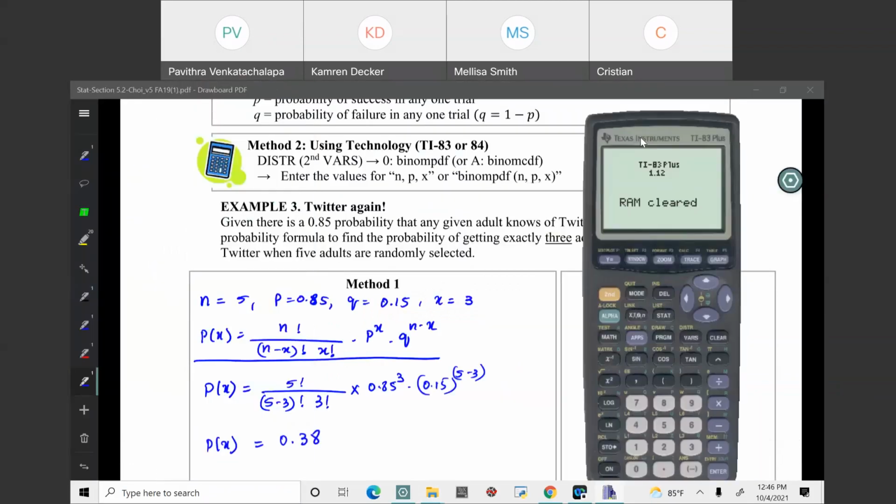Second method, click on second and VARS. You have VARS on your calculator. Second and VARS. Scroll down. That means you just have to hit the down button there and choose A, binomial PDF. A. Click on enter.